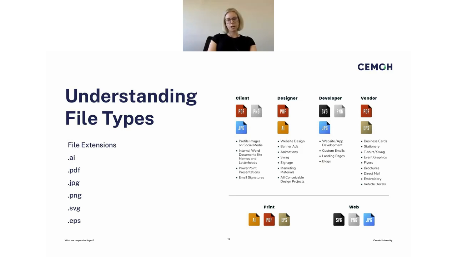And I've gone down and broken this down further, categorizing things based on the person using the file. Generally, if you're working with, say, a t-shirt maker or your events graphic planner, doing trade shows, signage, flyers, things like that, you will send them a vector-based file, which is either a PDF or an EPS.